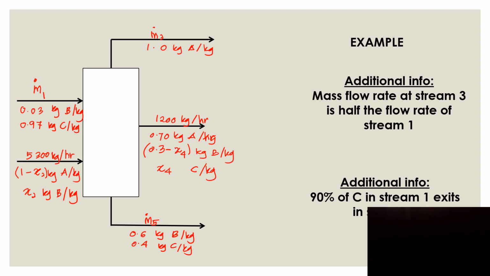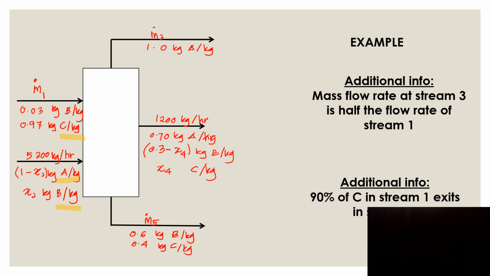So let's take a look at this distillation column, in which we have three components: A, B, and C, all entering the column, and we have A, B, and C as outlets at the outlet streams.